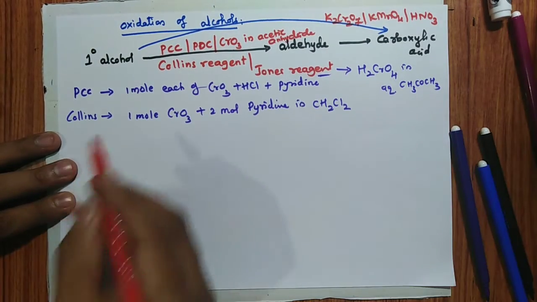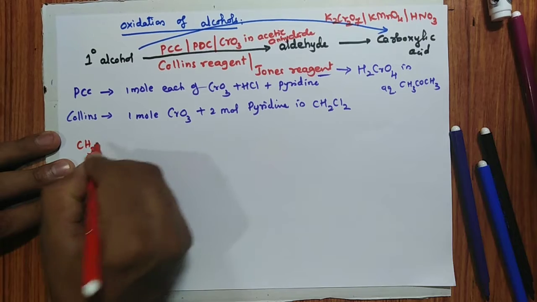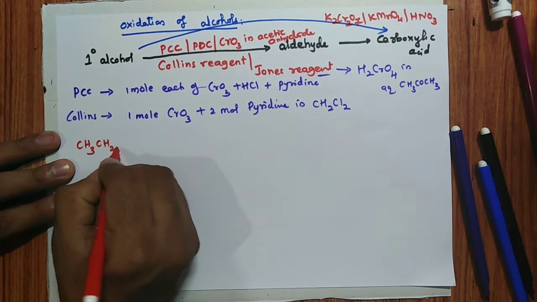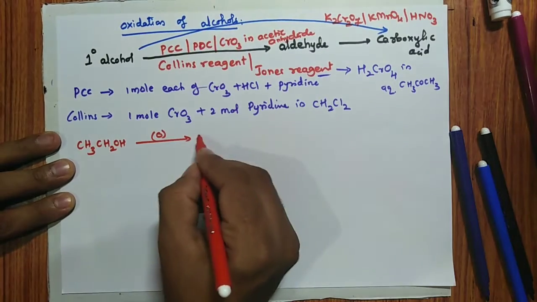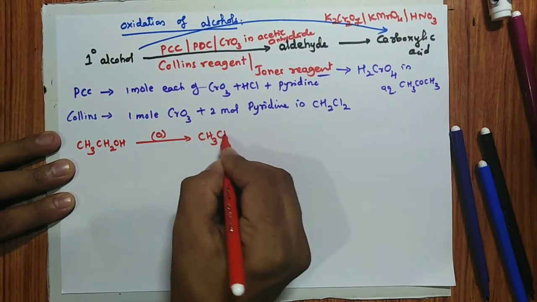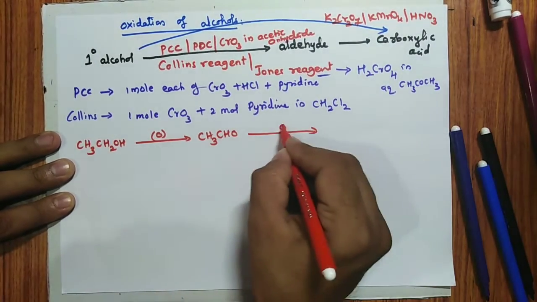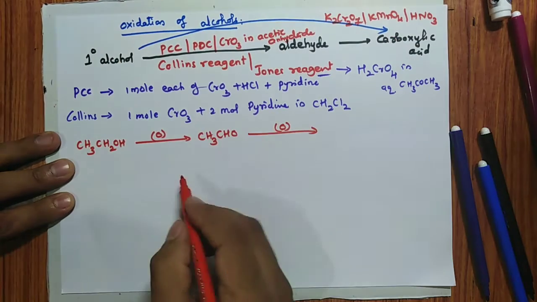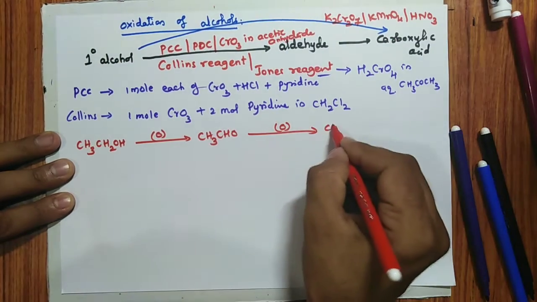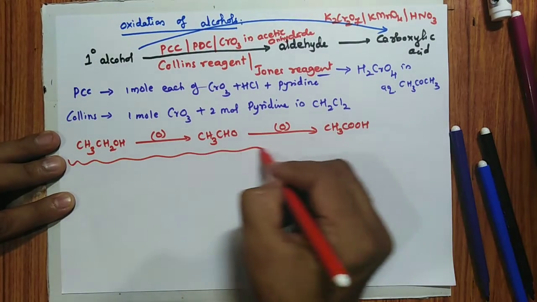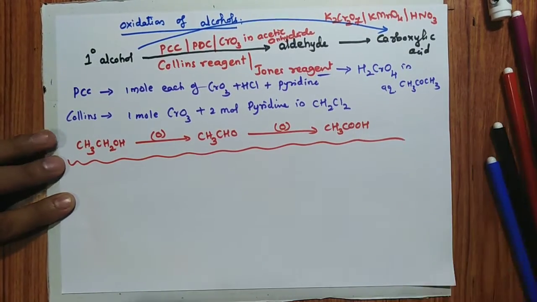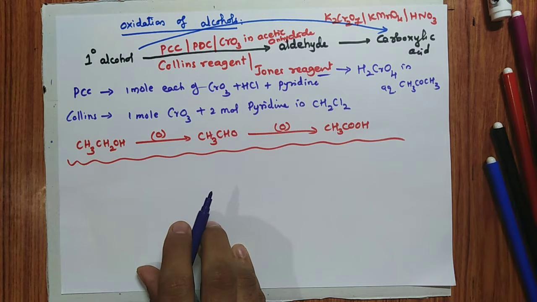For example, if you have CH3CH2OH, first oxidation by using all these reagents gives CH3CHO. Then on further oxidation, if you have a strong oxidizing agent, you are going to get CH3COOH.